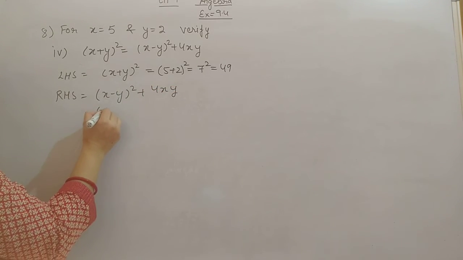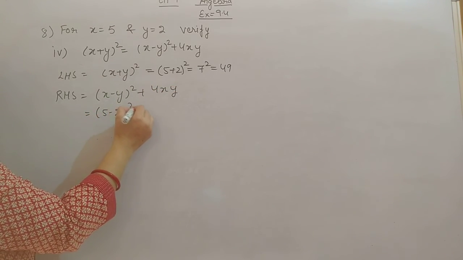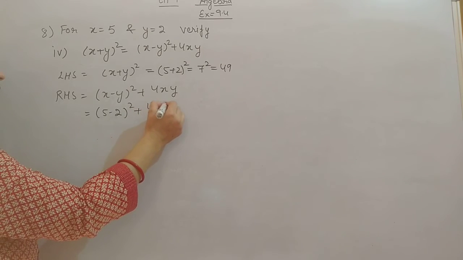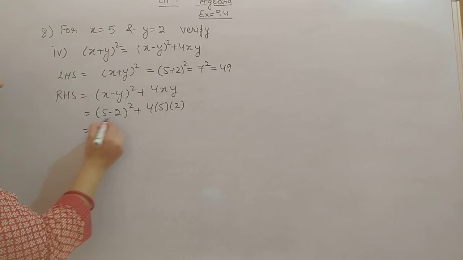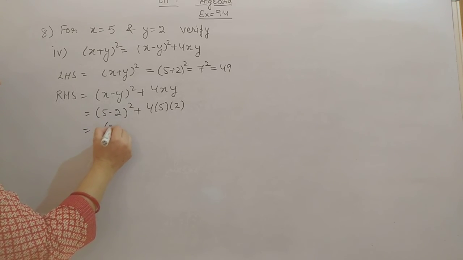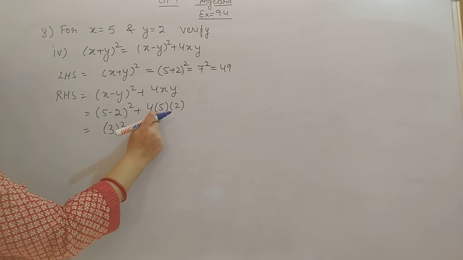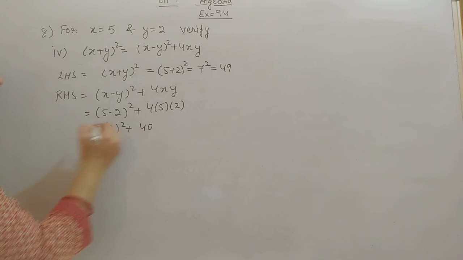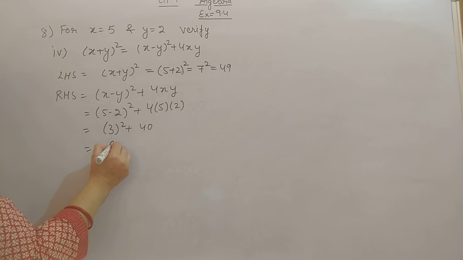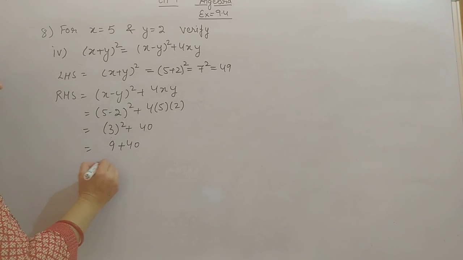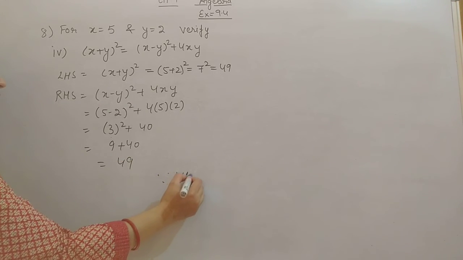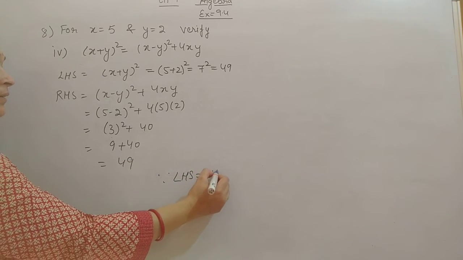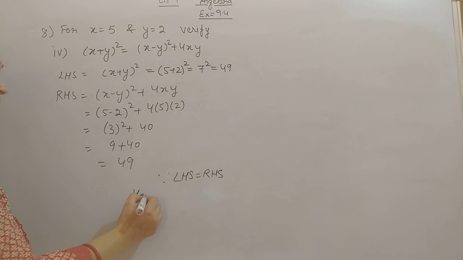X minus y means 5 minus 2 whole square plus 4 into 5 into 2. Substitute values. 5 minus 2 is 3. 3 square plus 4, 5, 20 into 2, 40. 3 square is equal to 9 plus 40, which is equal to 49. So because left side is equal to right side, hence verified.